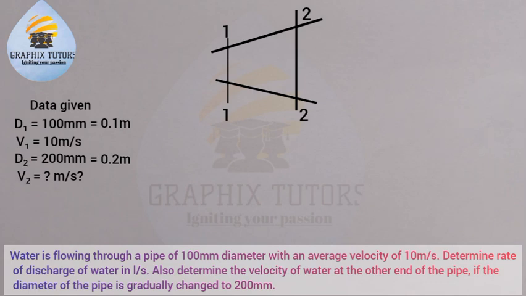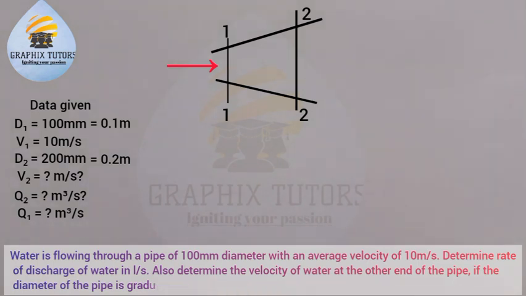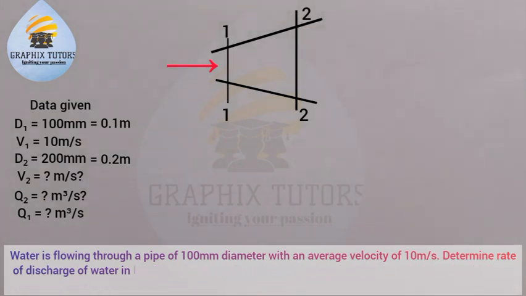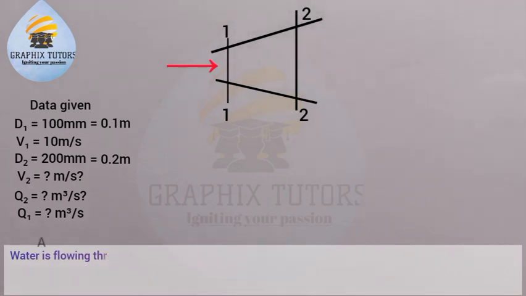Water will flow in when the diameter is smaller, then flow out when the diameter is bigger. Now we're told to look for the velocity, V2, and the discharge also.